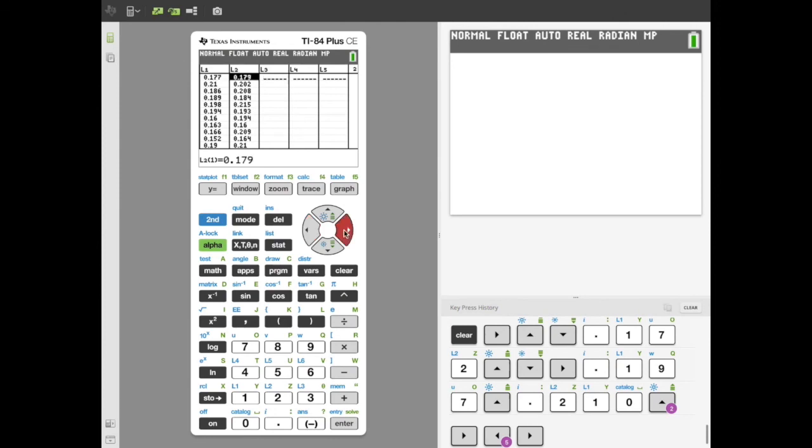So if I have L1 here, L2 here, I'm going to go up to L3 and see how at this point right over here, I can actually type something in there. There's an equal sign. So I'm going to put in L1 by going second L1, and I'm going to minus from it second L2. So you actually don't have to do all of those differences by hand.